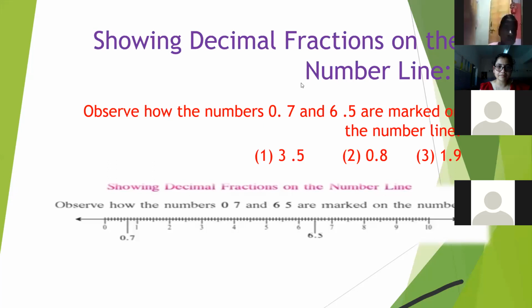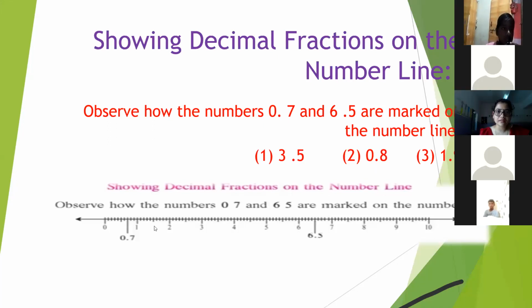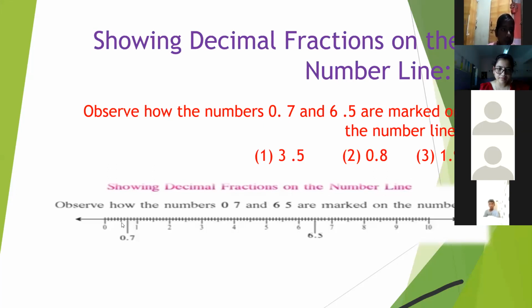See. Lakshmi, once again, tell me the answer of this. You have raised your hand. How you will show this? 0.8. 0.1, 0.2, 0.3, 0.4, 0.5, 0.6, 0.7, 0.8. Got it, student? Everyone got it this? Yes. Mute yourself.